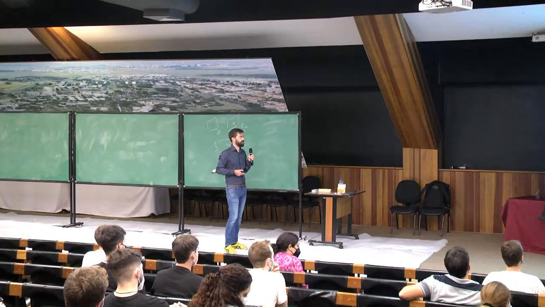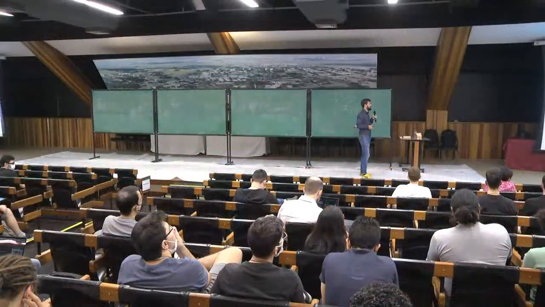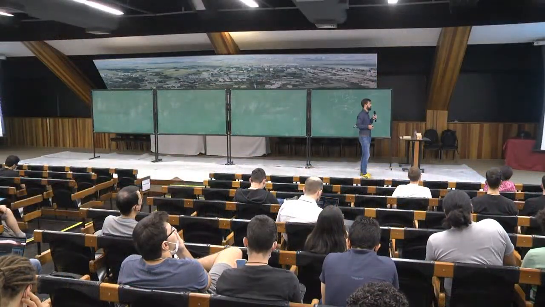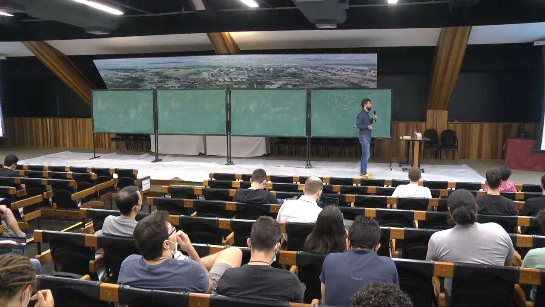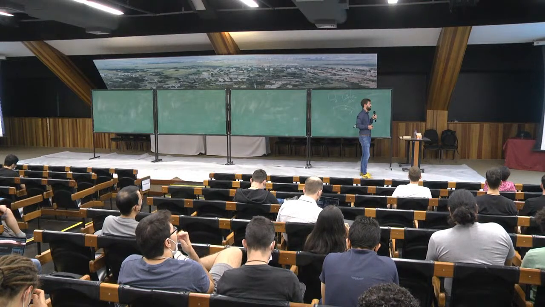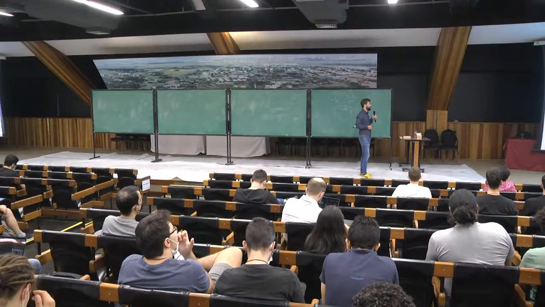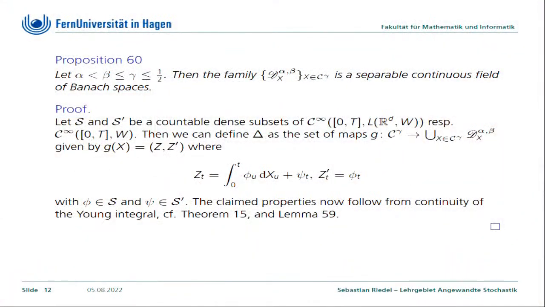This one has to have. And this is the definition here. So a typical G looks like that. You just integrate a function phi here with respect to x plus psi, and here the phi is in the dense set of the C-infinity functions, and psi is also in this dense set.